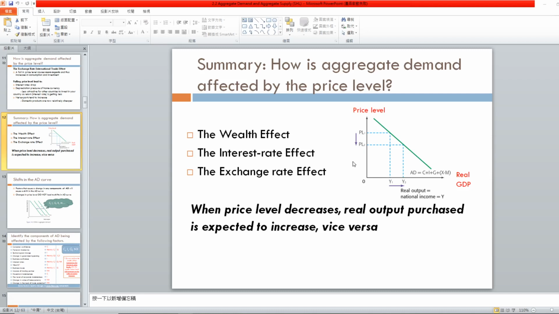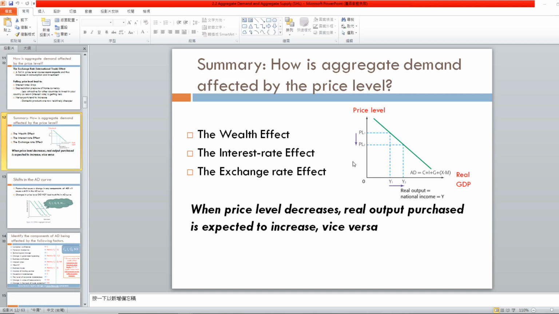That's why they are not going to invest in your country anymore, so they don't need your currency anymore. The demand for your currency is going to get lower, so your currency is going to be depreciated.